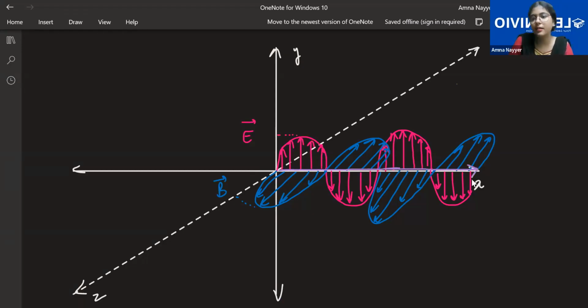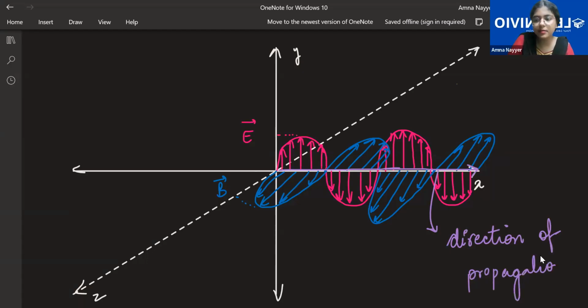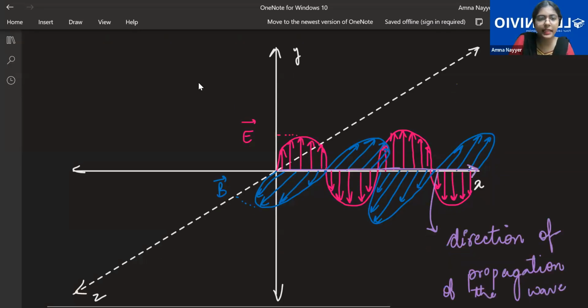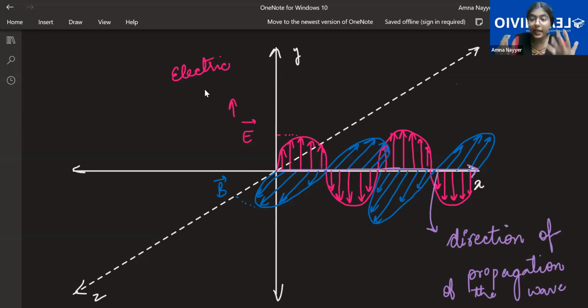This one is representing the direction of propagation of the wave, while this pink part is representing the electric field component. It is an electromagnetic wave.